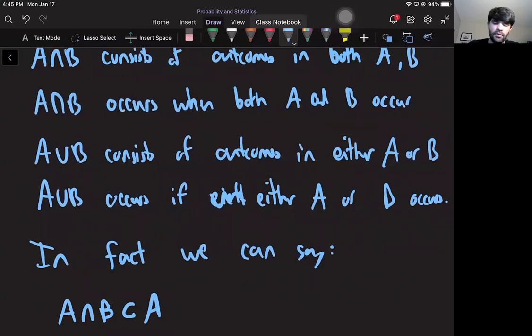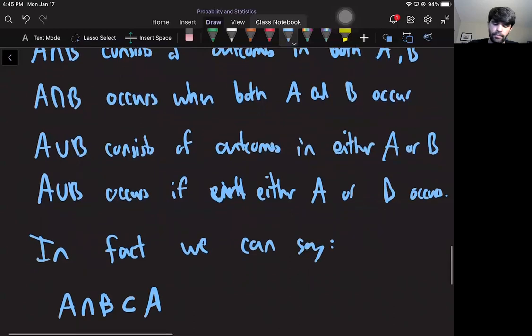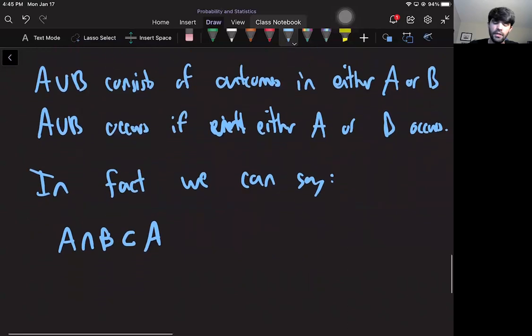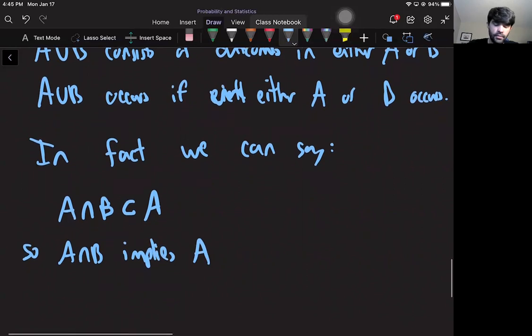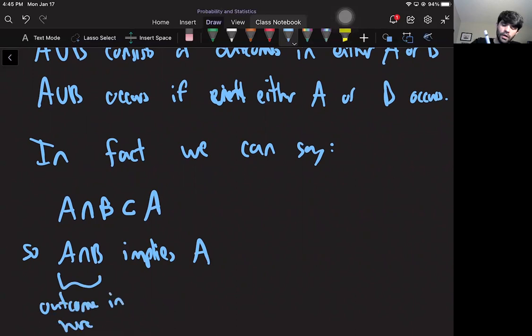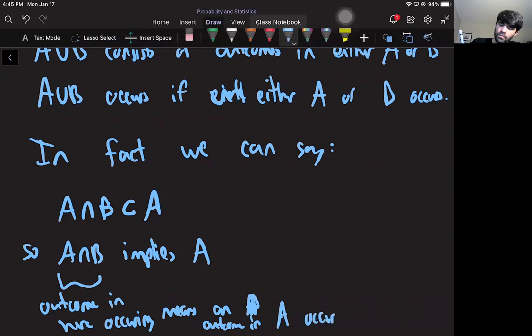It has all the stuff in A, but only the ones that are also in common to B. So we could say that A intersect B implies A, to use that other language from last lecture, and that's because an outcome in here occurring means an outcome in A occurred. Because it's a subset.